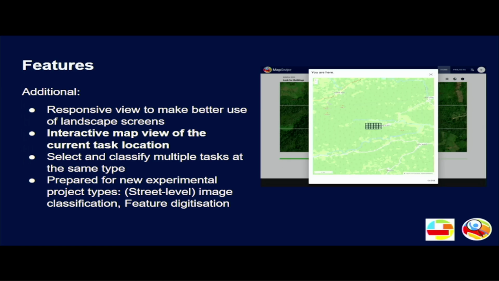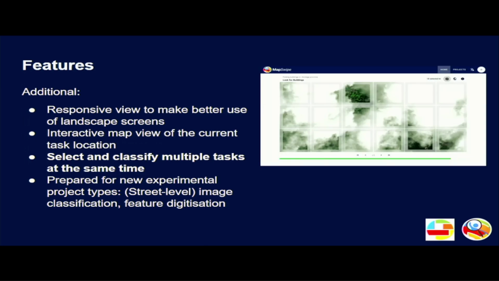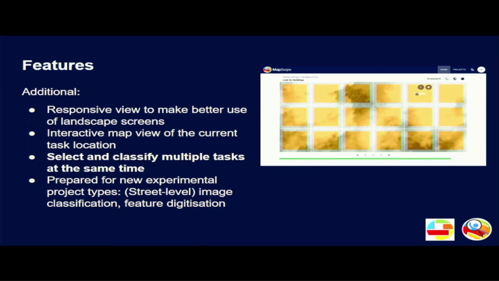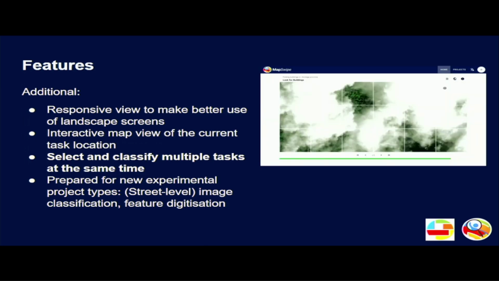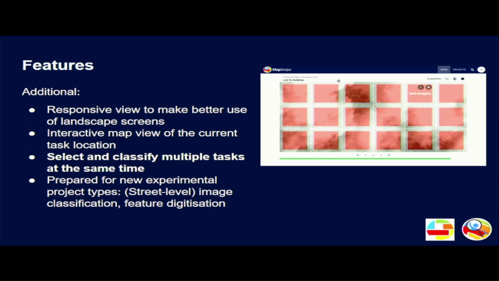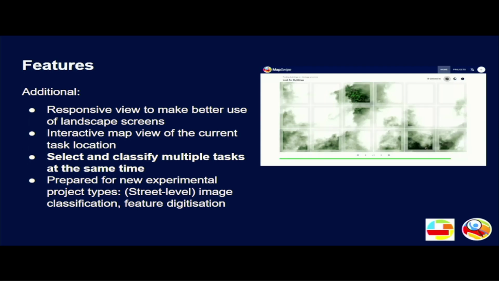It also has an interactive map view of the current task location, so you can have a big overview, and you can select and classify multiple tasks at the same time. As you can see in this GIF, someone can select several tasks at once and classify. If, for example, the cloud cover and the imagery is not good, someone can easily do that.